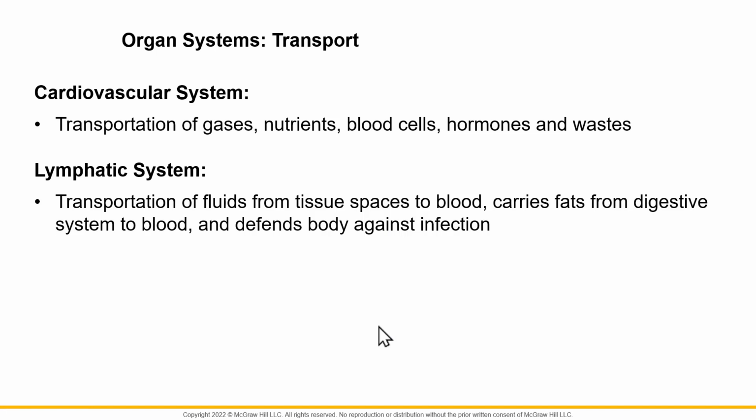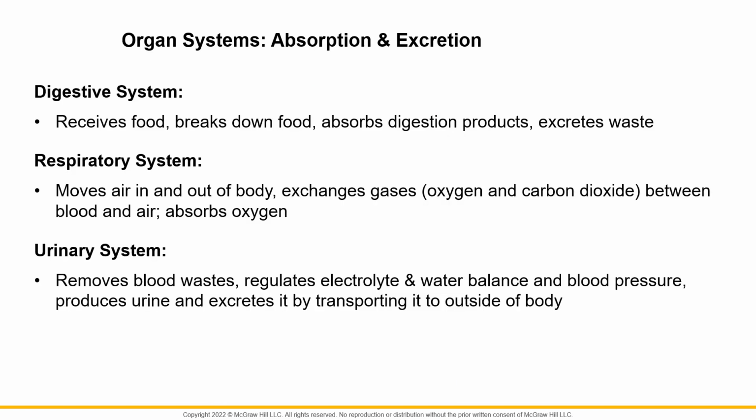You also have another system called the lymphatic system, which runs alongside the cardiovascular system. It transports what we call lymph from the tissue to the blood. It is where our antibodies circulate, so it is very much our immune system. Okay? You're going to get in AP2 also the digestive system, respiratory system, urinary system.